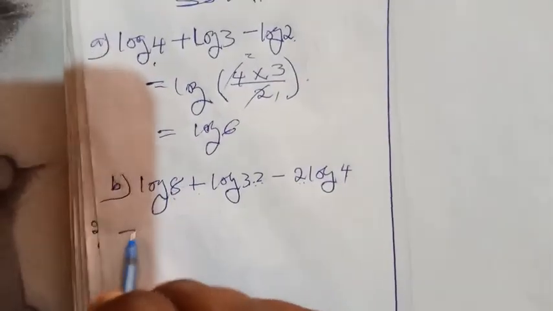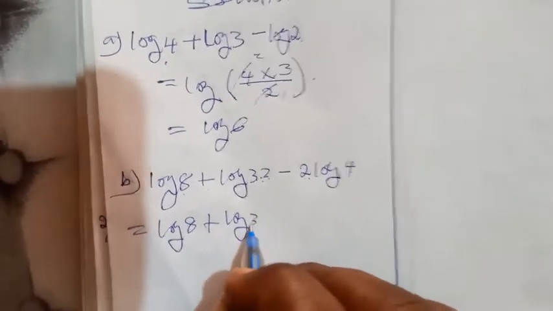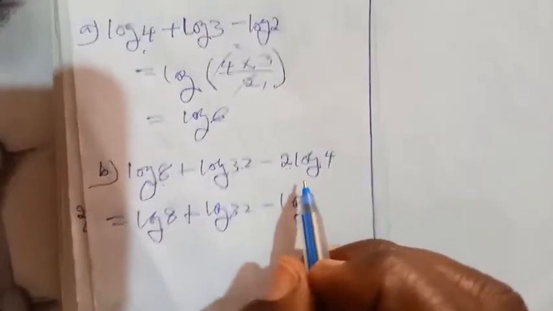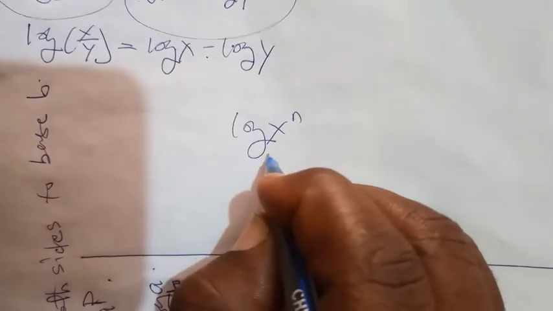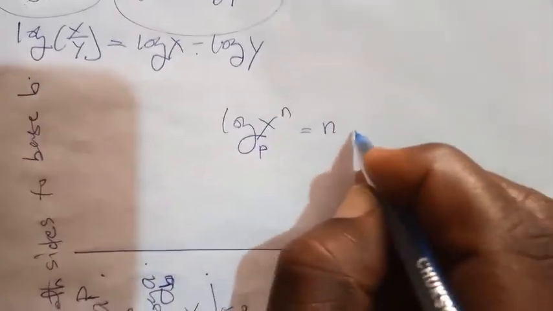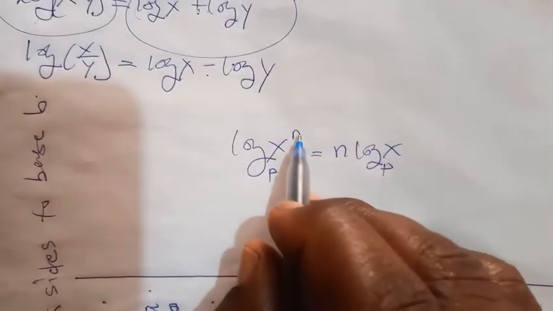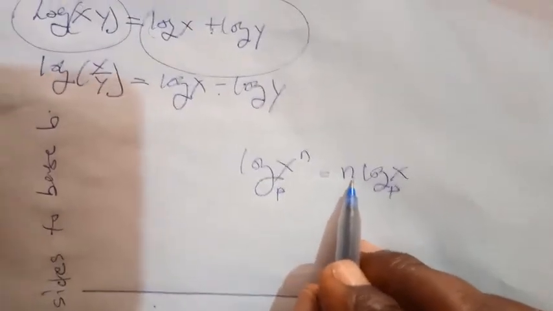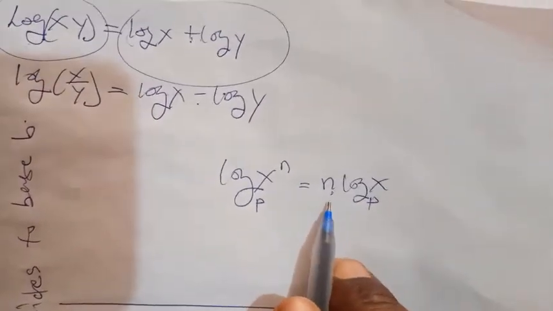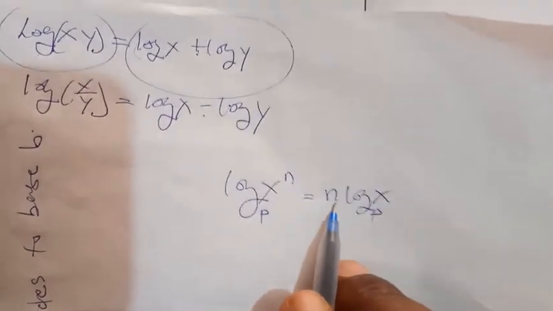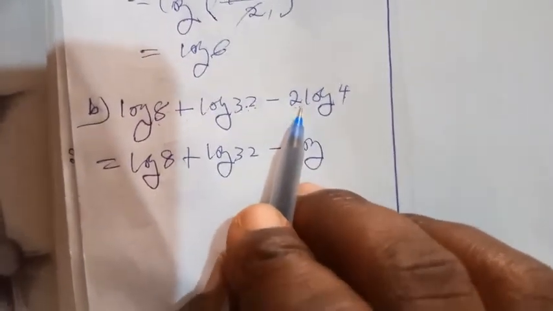Okay, so this can be written as log 8 plus log 32 minus, remember the third law states that, let me write it here quickly. If I have log x raised to power n base p, for instance, it can be written as n log x base p. You see, the power can sit here and it can also sit here. But for now, I wish to undo this number and take it back as a power.